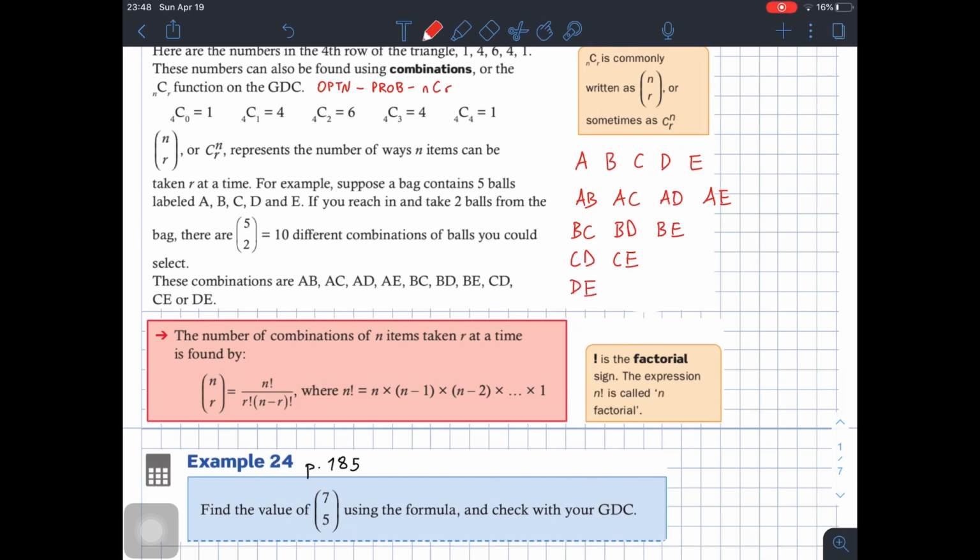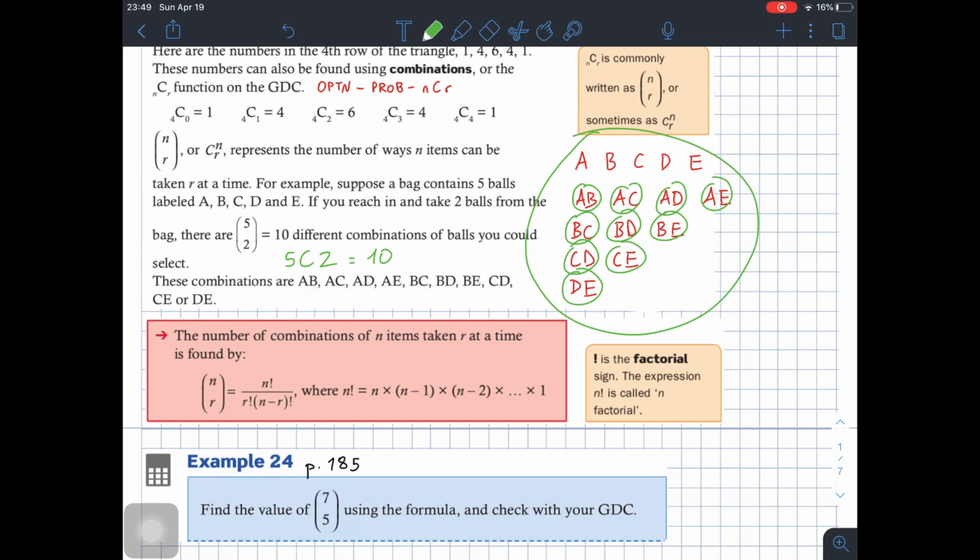So how many options do I have in total? 1, 2, 3, 4, 5, 6, 7, 8, 9, 10, which is exactly the number we get by doing 5C2. We may do this in our calculators if you want, and you get 10. So this is a practical application of combinatorics, okay?